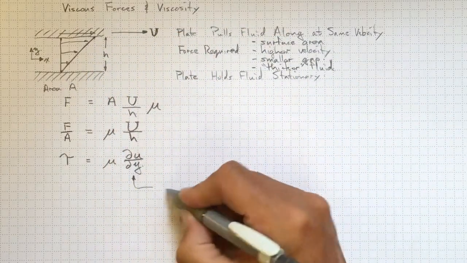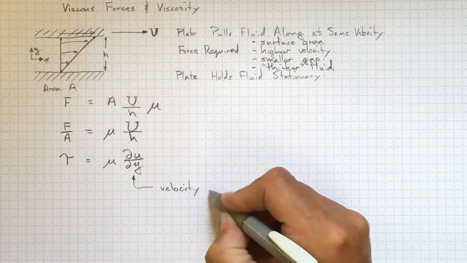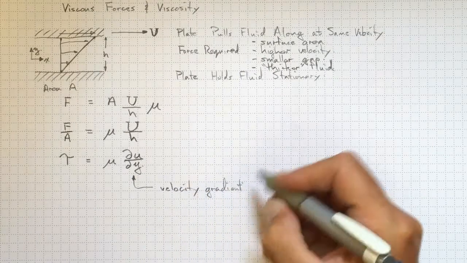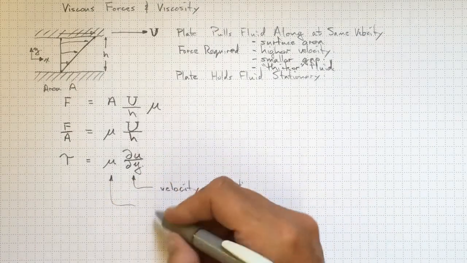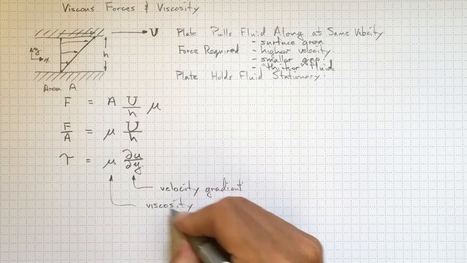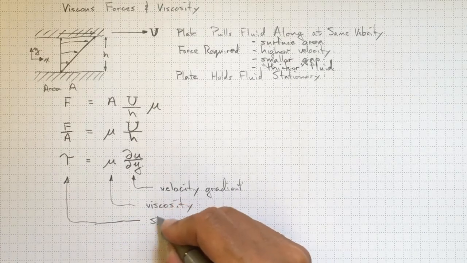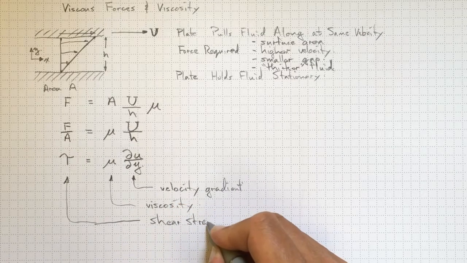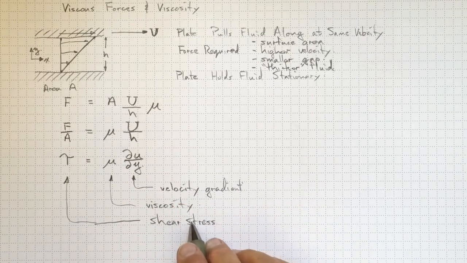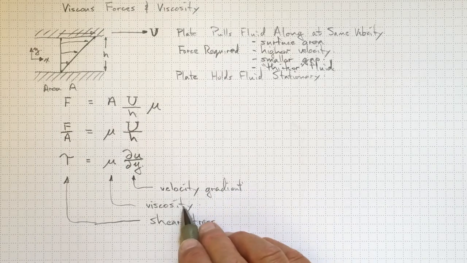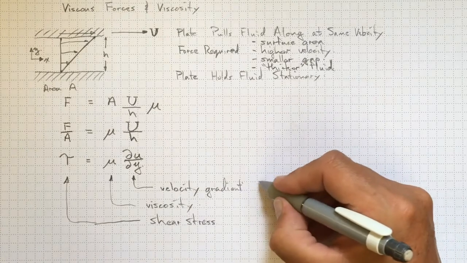So there's the velocity gradient. That's our viscosity. And this is the shear stress. And that relates that stress to this velocity gradient by way of this constant, which turns out to be very close to a constant, the viscosity.